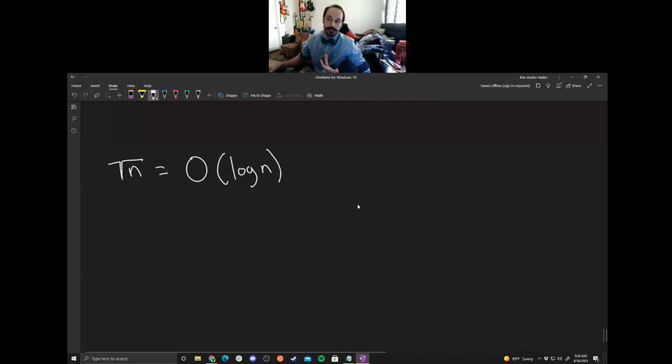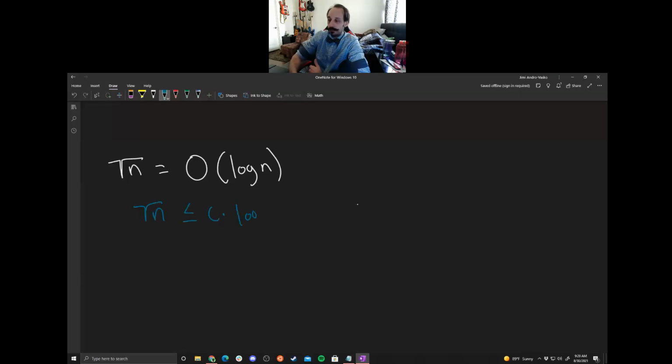Well, using the standard big O definition is not very clear. If I try to say root of n is less than or equal to c times log of n, it's not really obvious whether it is going to work for some constant.